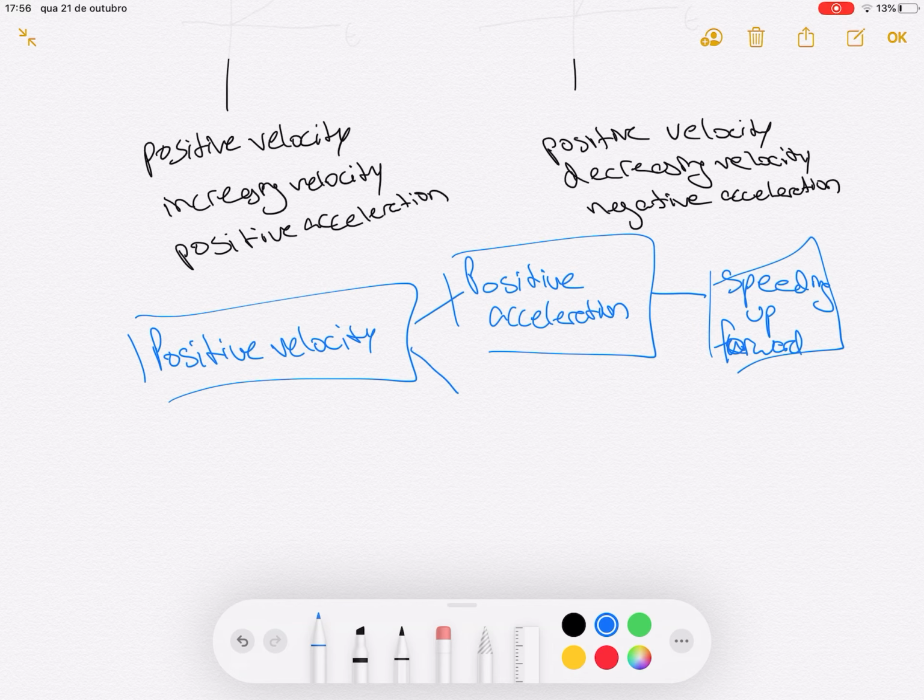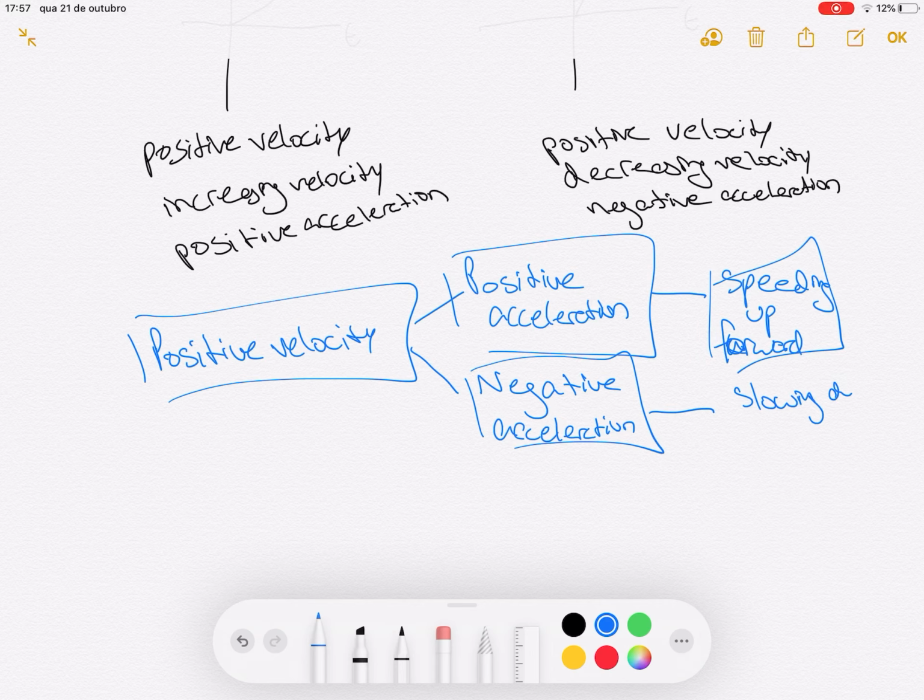If we have a positive velocity but a negative acceleration, then the object is slowing down.